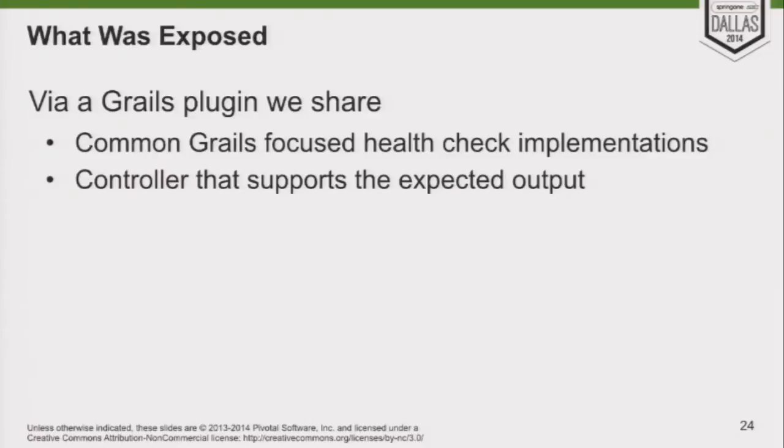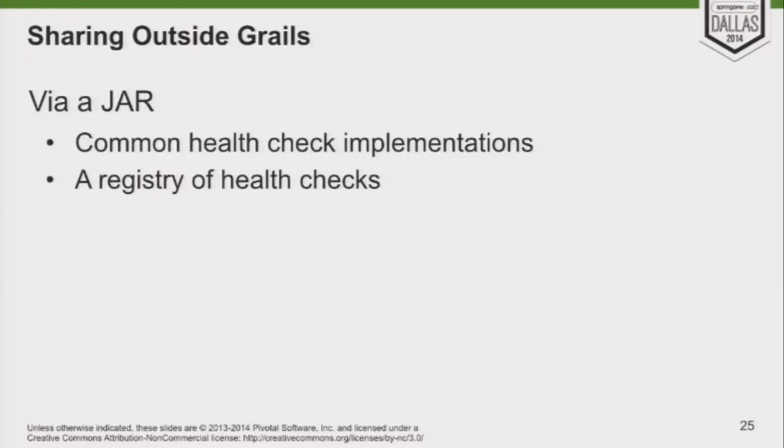But we actually went one step further, and we're sharing outside of Grails as well in this case. Because like I said, we have a big polyglot architecture, and we have Spring MVC apps as well that are out there. And we actually have a common jar now that does the health check implementations that are generic, like check if a file system's there, make sure you have right access to log directories, and whatever important health checks can be shared across every JVM application that works in this stack.